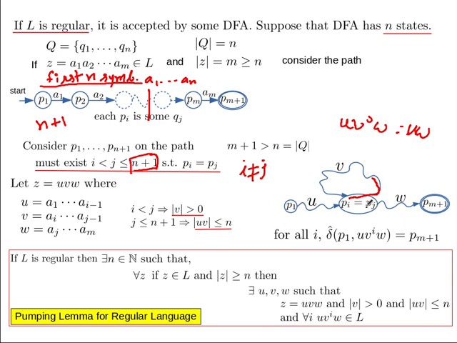You come here and then you take this W. So UW will be in the language because it gives you an accepting path. If you have UV squared, what will this be? You come here, you take this V, then again you take this loop and then take this W. So that is an accepting path.